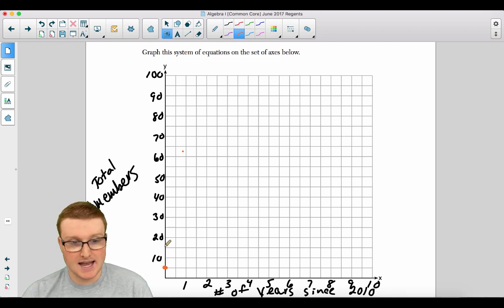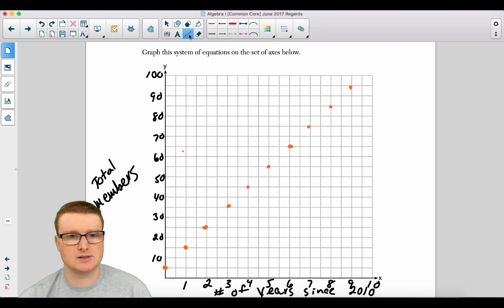Then go up 10, now it's 25, to the right 1. Then 35, 45, 55, 65, 75, and just keep following that pattern until you reach 85, 95 at year 9.